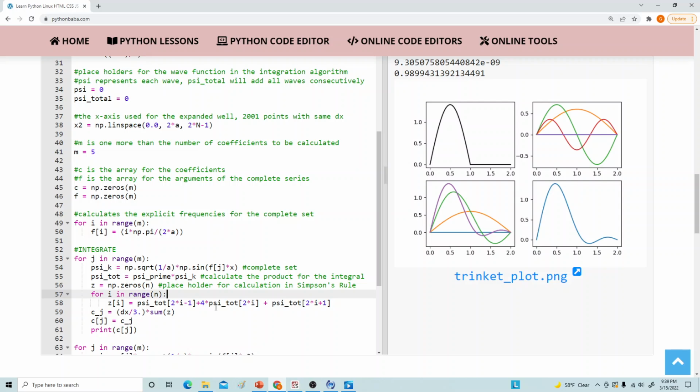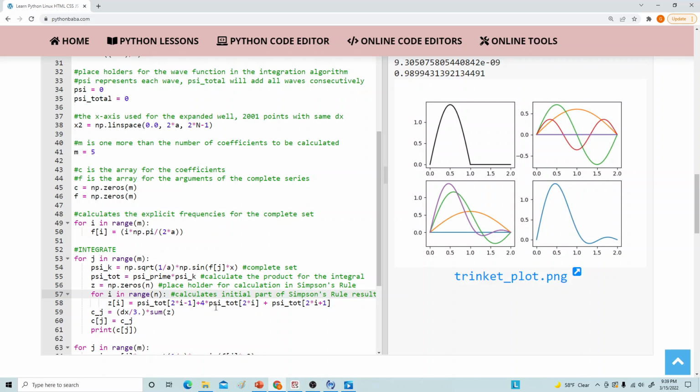So if we want to comment on this line by line, okay, so this calculates the initial part of Simpson's rule result.